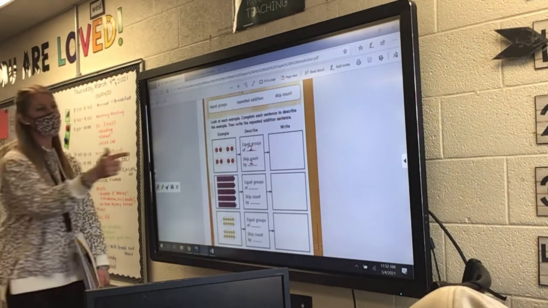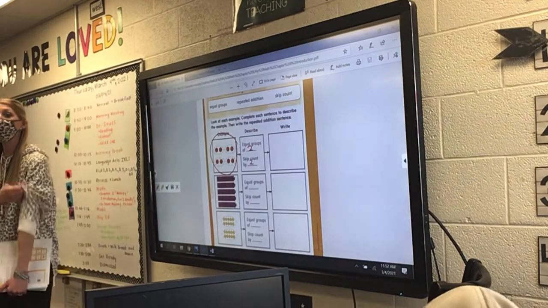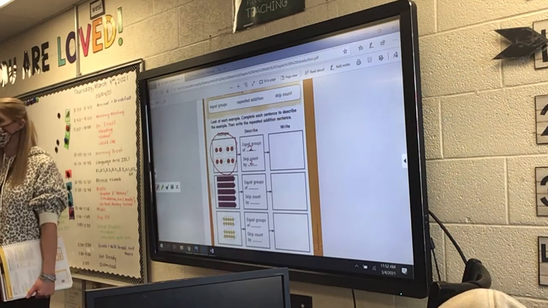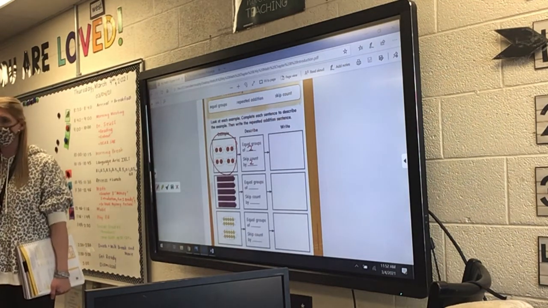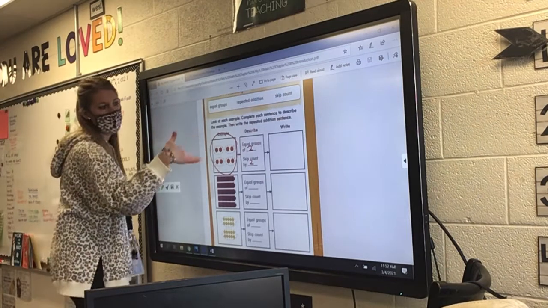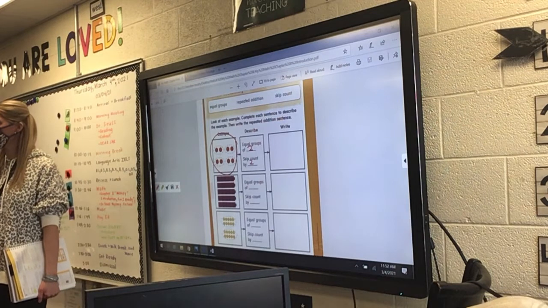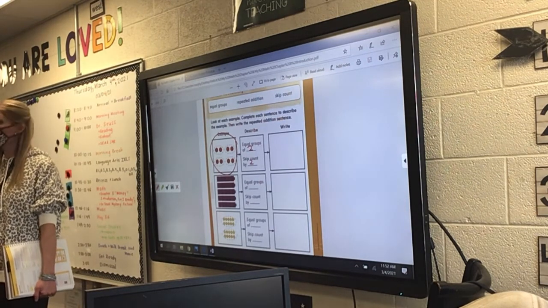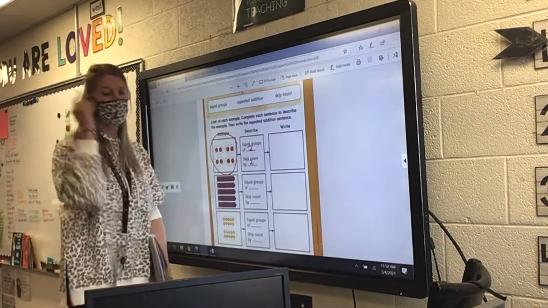How can Mrs. Murphy figure out how many circles are here using repeated addition? There's 8 circles, but how can I figure that out? Does anybody know? Raise your hand if you have an idea. Elias, what do you think? Count by 2. And how would you do that? Show Mrs. Murphy, or tell me.